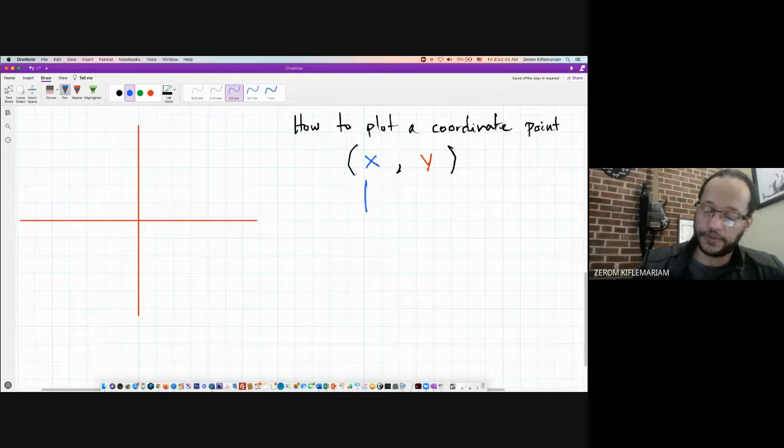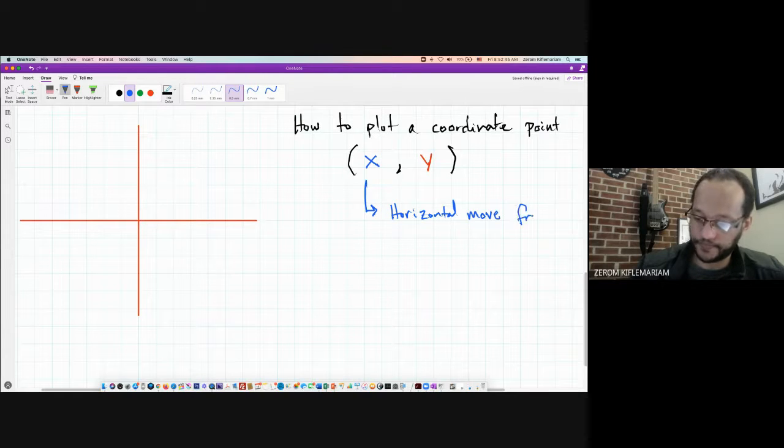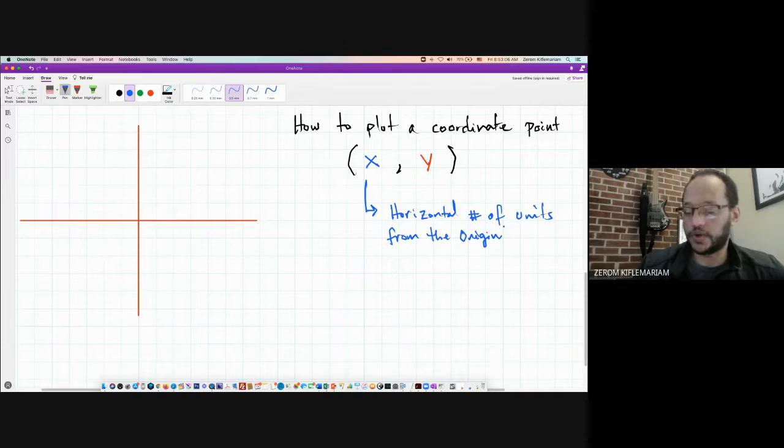For the x, it is horizontal move, or number of units from the origin.